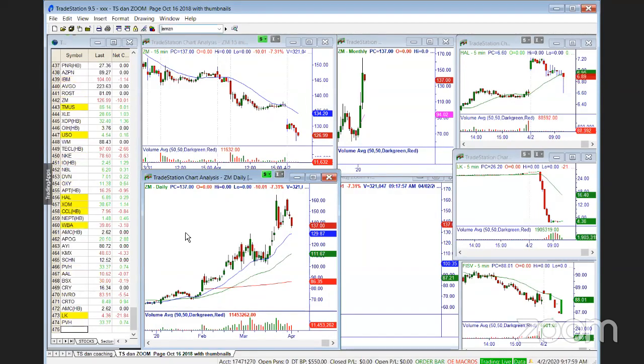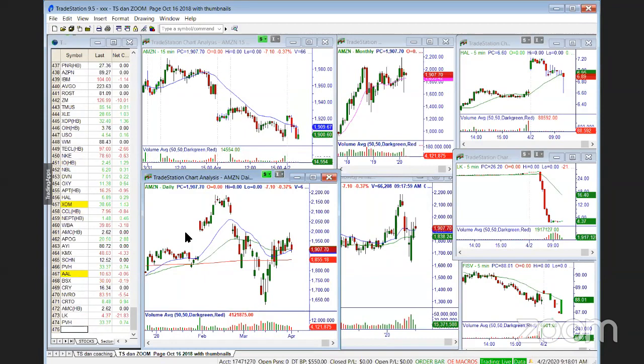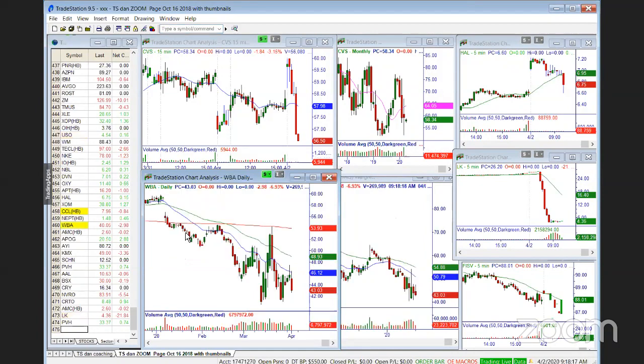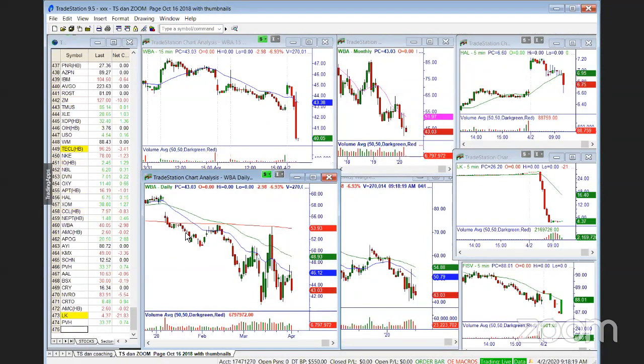The swing ladder, we're heavily short. We have one long position in Amazon that held the stop. And we have CVS covered call, and that's getting whipped around here, not only because of the market, but competitor WBA had earnings, and that's getting hit.